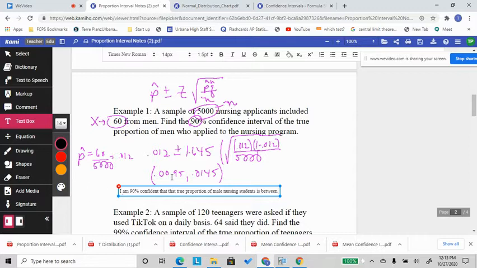This is going to be 0.95% and 1.45%. So between 0.95% and 1.45%.